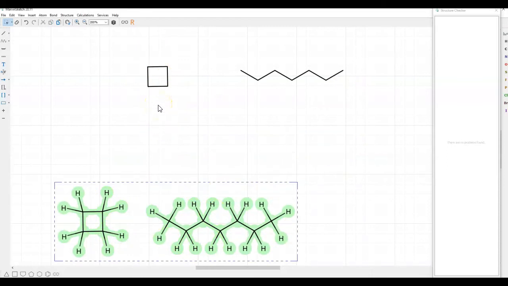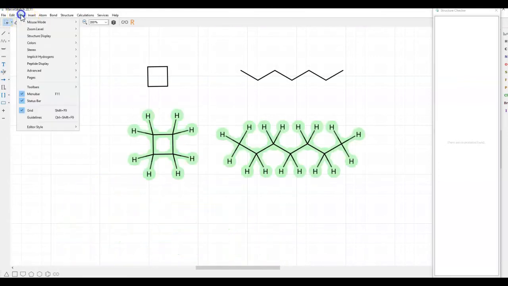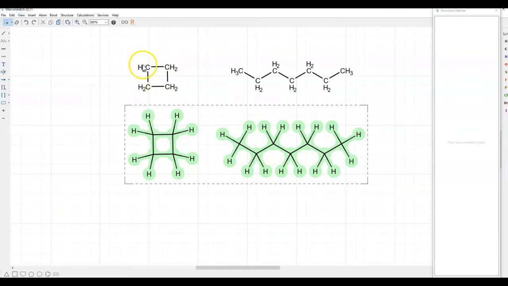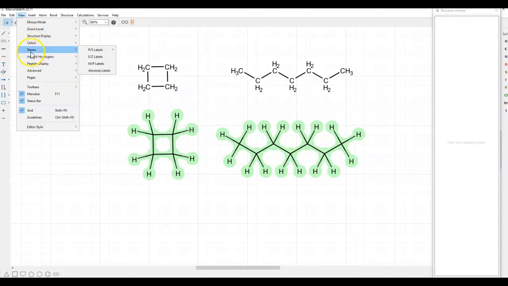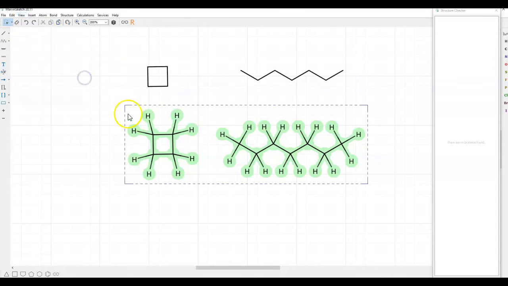In fact, I would encourage it, but only do it if you're really comfortable that you understand how a line diagram works and where all the hydrogens are. So personally, I would start with the condensed version before I move on to the line diagrams. But if you feel comfortable to move on to the line diagrams, then by all means.